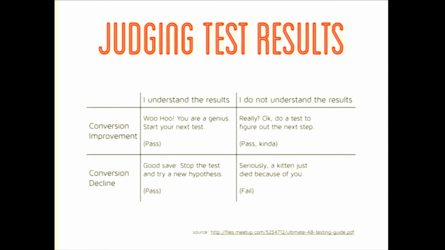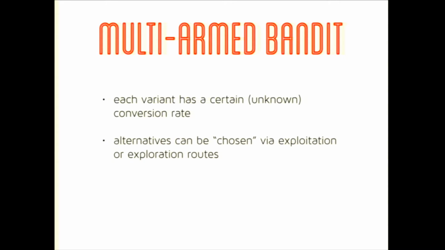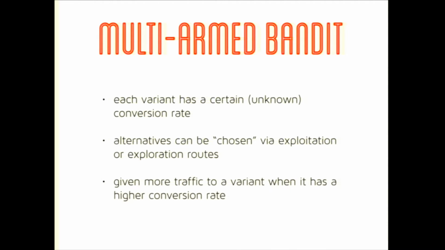So there's other things that you can do with testing. Multi-armed bandit. With a multi-armed bandit, each variant has a sort of unknown conversion rate. So you can have, let's say, 3 different variants of a page, and you assign them a given amount of traffic. As the conversion rate increases or decreases on a certain variant, the algorithm will automatically switch to give one version or another more traffic, right?